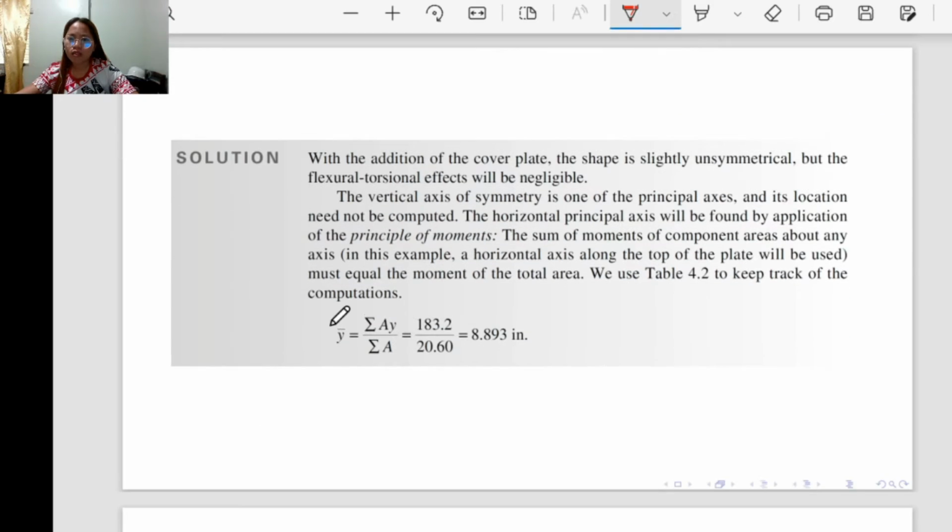To get this y bar, this is actually the centroid of the whole built-up member, the whole component.